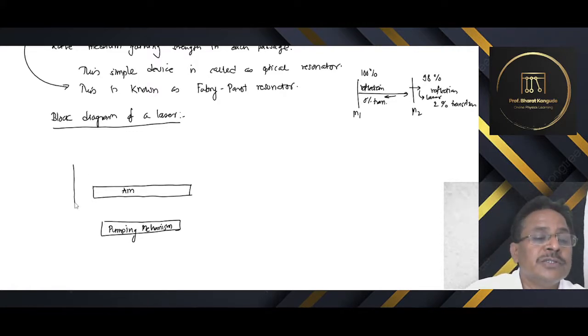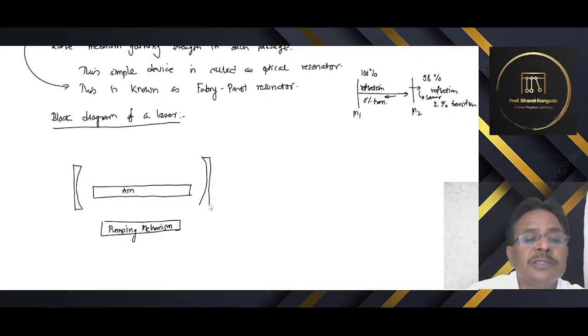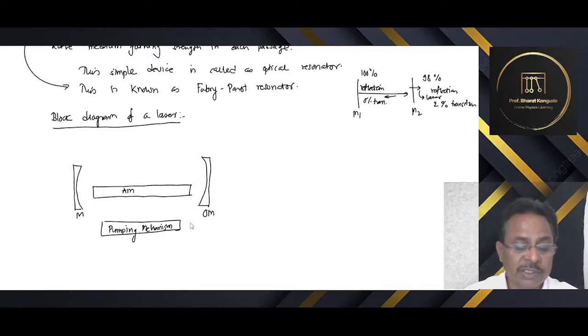One mirror is here, a concave mirror, and there is another mirror here, of the same type, again a concave mirror. So this is M, and this is called OM. Why these names are given this way, we'll discuss later on.